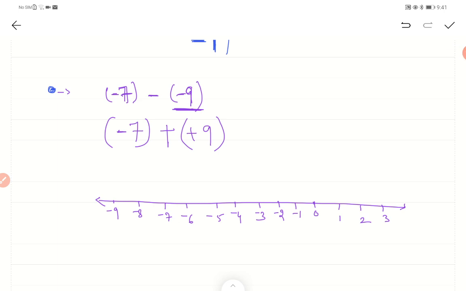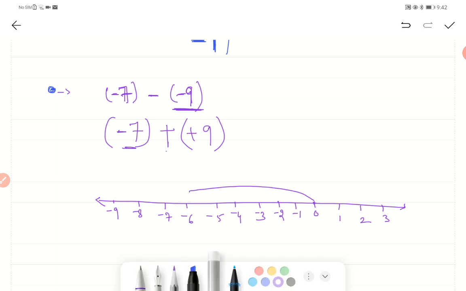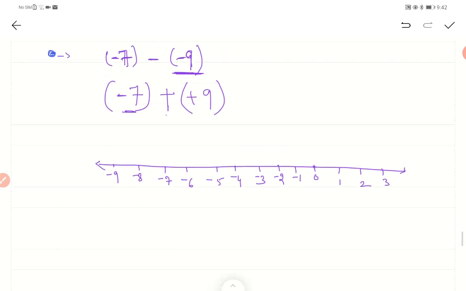Now it's the same as what you plotted for addition, right? So you take -7 first. From 0 I'm going towards minus. Since it is -7, I will go down. You can go up also, that is not at all wrong, but it is going in the opposite direction, that is the only difference.